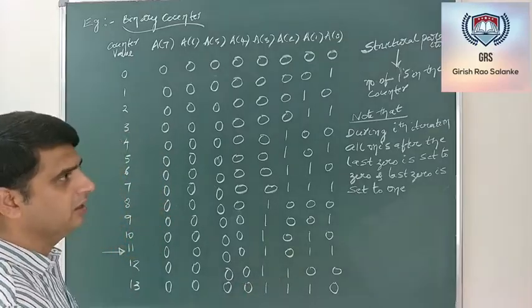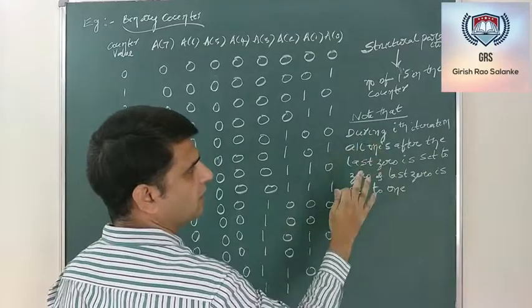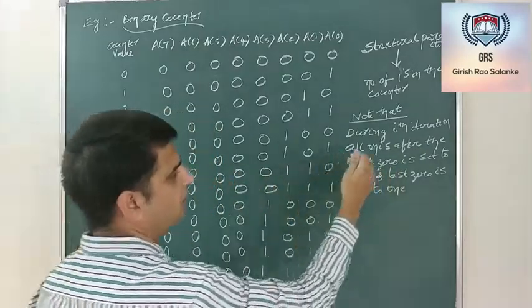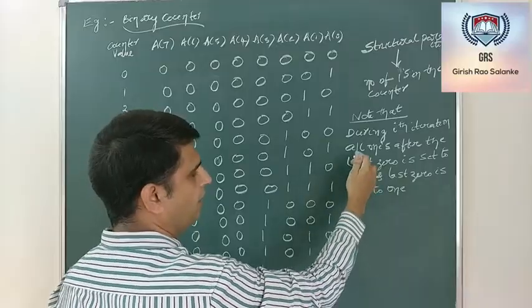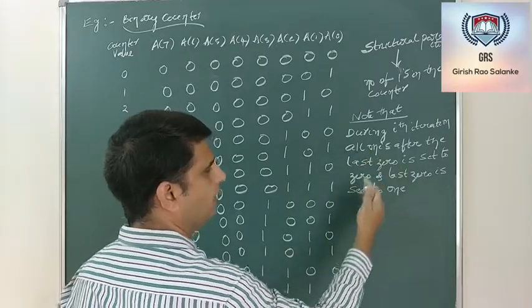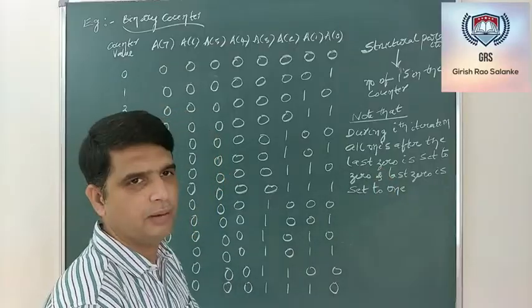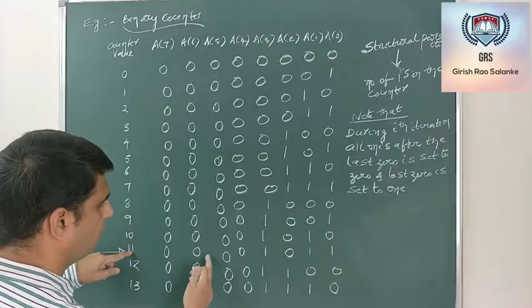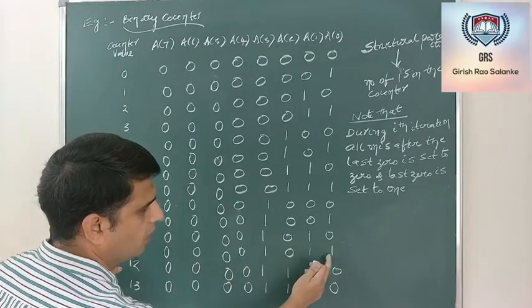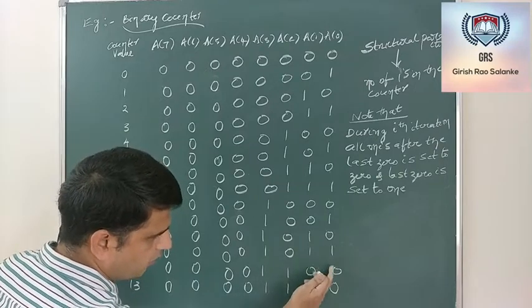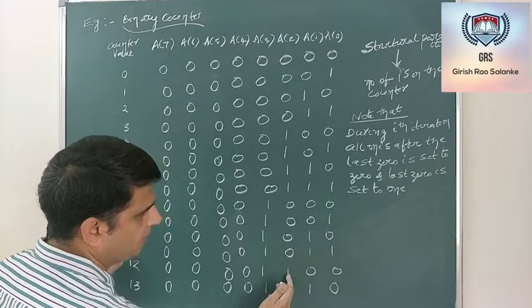I'll repeat once again that in the ith iteration, for any insertion operation, all ones after the last 0 will become 0 and that last 0 will become 1 in the next iteration. I have taken here 0, 0, 0, 0, 1, 0, 1, 1. All the ones after the last 0 become zeros and this last 0 becomes 1.